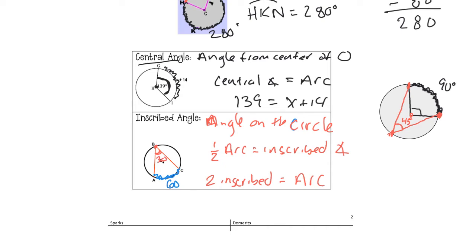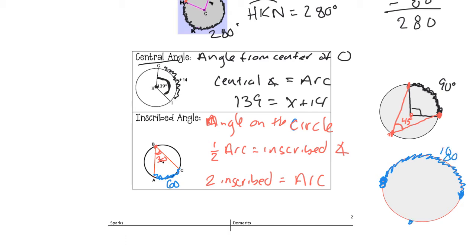If I had, I'm going to draw another circle. If I had an arc, let's say it was half the circle. So if I went around half the circle, that arc would be 180 degrees.